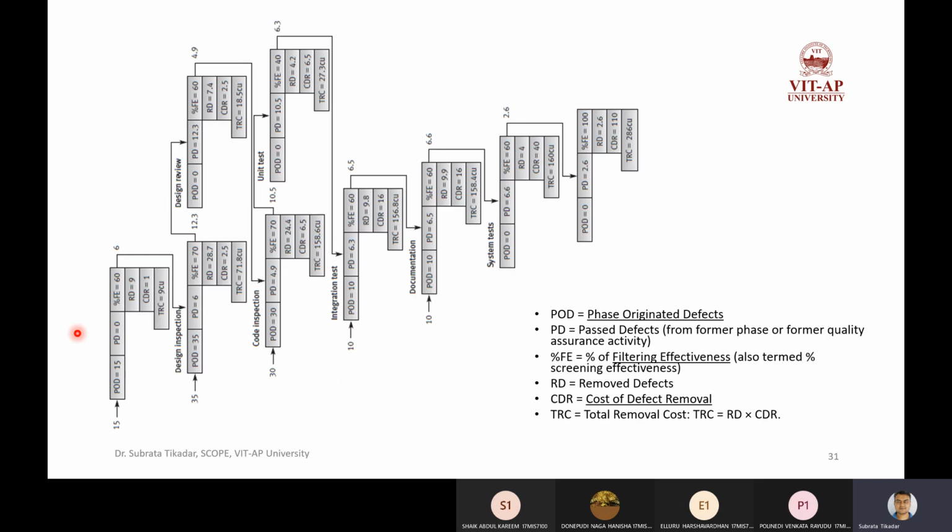So if we apply the same model in a similar way, we can see that instead of 7, 9 filters are there. So in this way we can calculate the total removal cost for every phase.